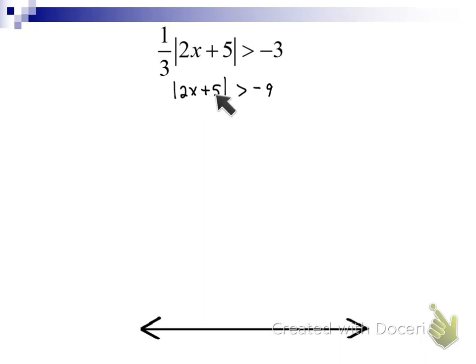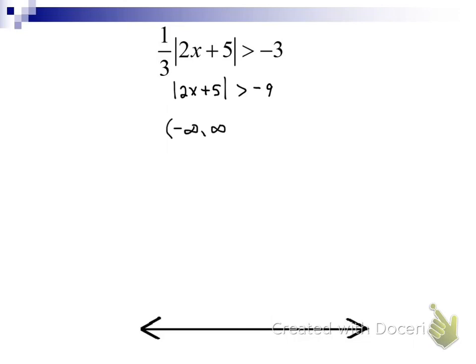That would be if it's less than a negative. Mr. Seth Green, you got your hand up, don't you? What is it? All real numbers. There you go.